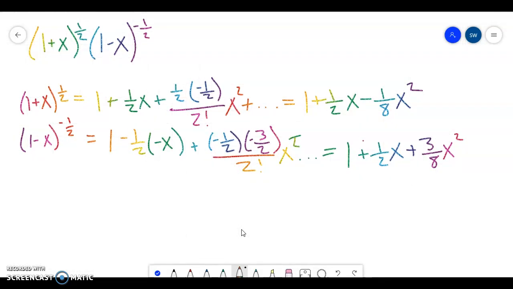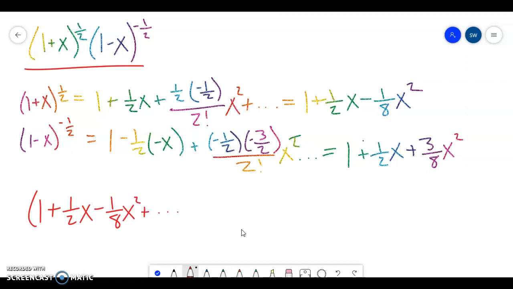So this turns into 1 plus 1/2 x minus 1/8 x squared, technically dot dot dot, times 1 plus 1/2 x plus 3/8 x squared, dot dot dot.